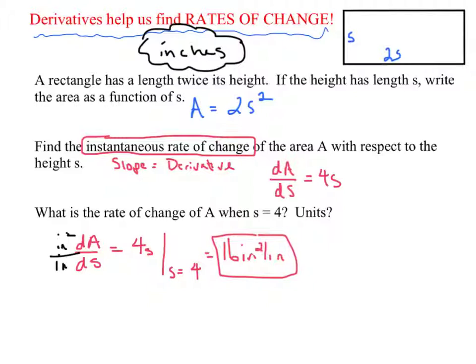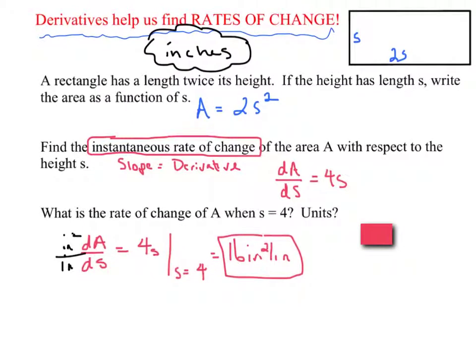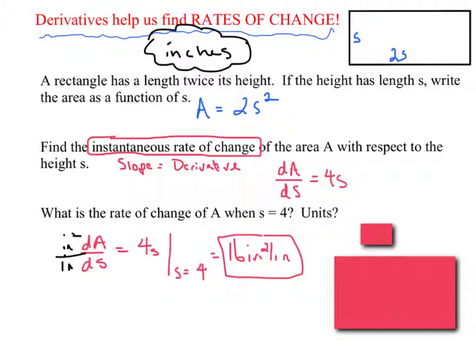I want to really quick talk about why this is important, and a big idea here, this idea that the change in area is somehow dependent on what the side length is. I think that sometimes gets confused. So I'm going to draw two rectangles. We're going to draw a small little rectangle, and then a much bigger rectangle. Now let's say in this first little rectangle I wanted to add some area.